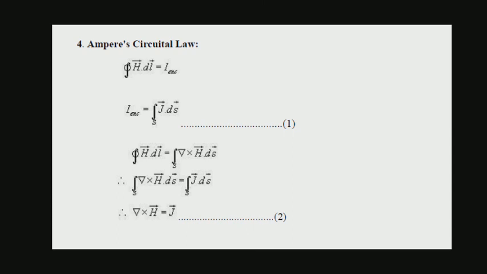Mathematically, closed integral of vector H dot vector dl is equal to I enclosed. So the total current I enclosed can be written as I enclosed equals integration over S of vector J dot vector dS. Consider this as equation 1.